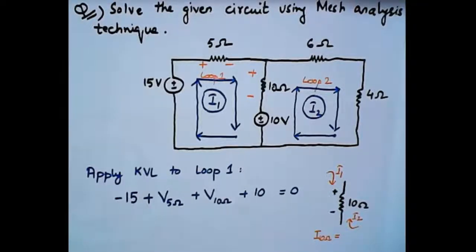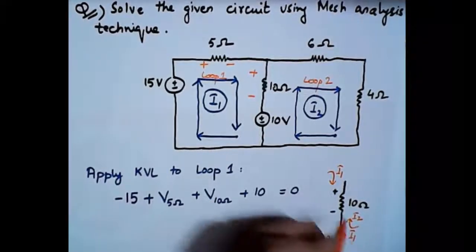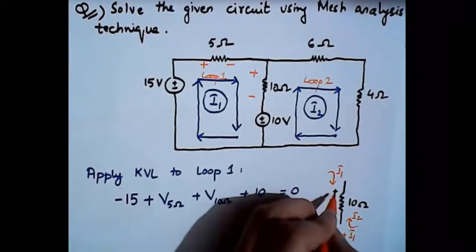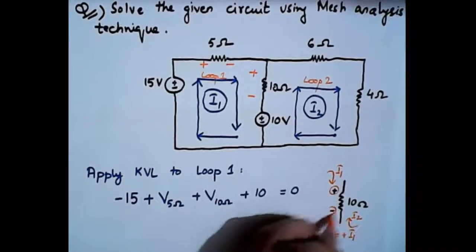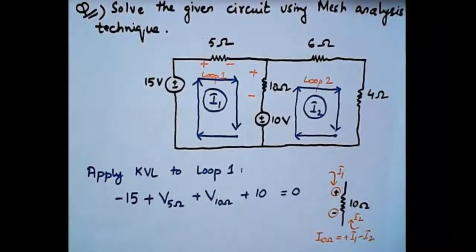The net current through this resistance of 10 ohms will be how much? Plus I1, because I1 is entering the positive terminal, and minus I2 because I2 is entering the negative terminal. Understand?